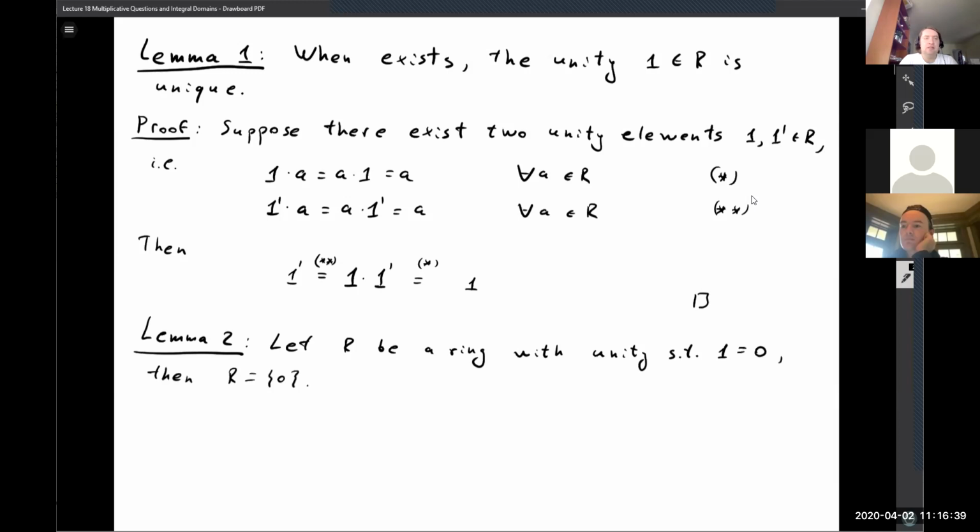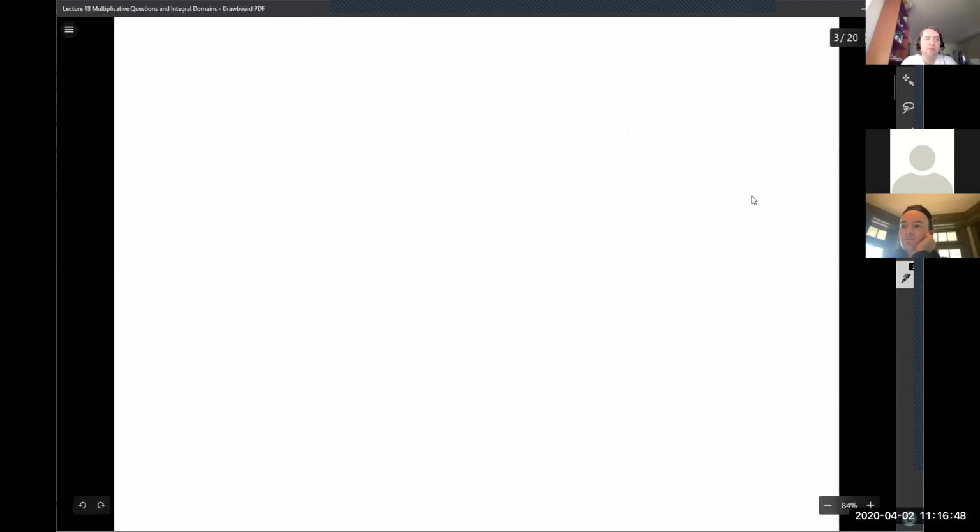Okay, so similarly to how we defined generating sets for subgroups, we can define generating sets for subrings. Well, that will be our definition 2.